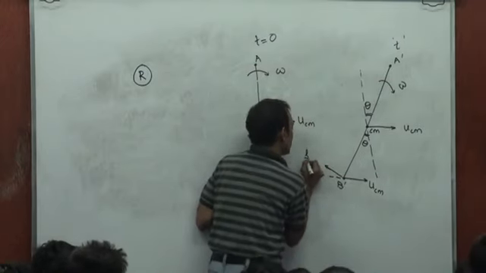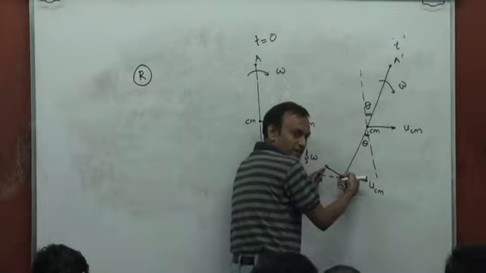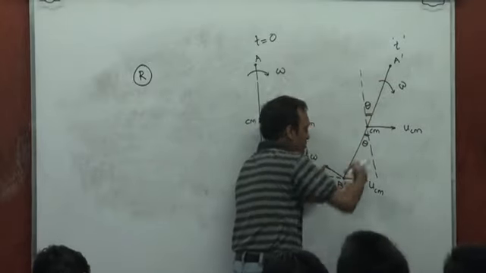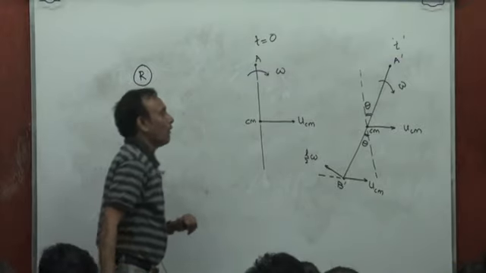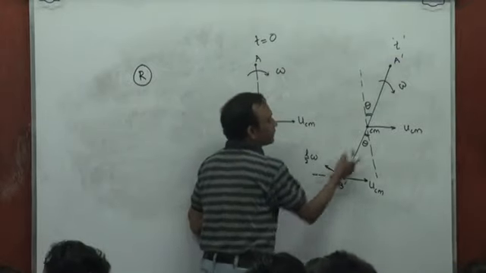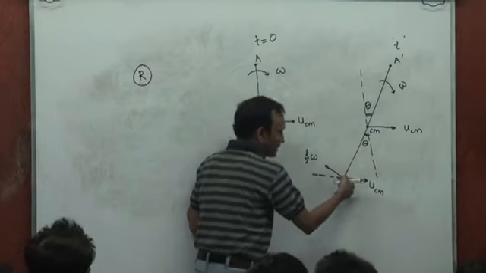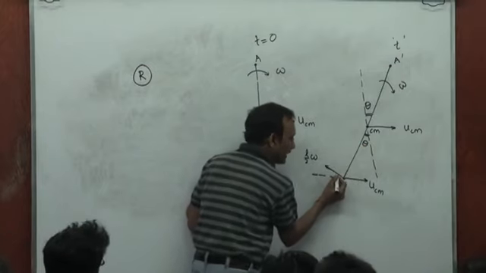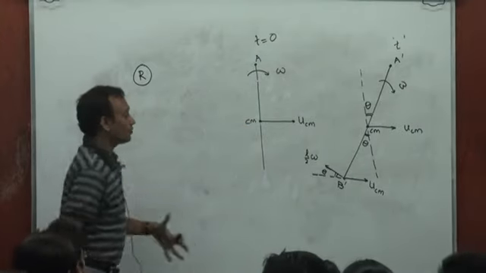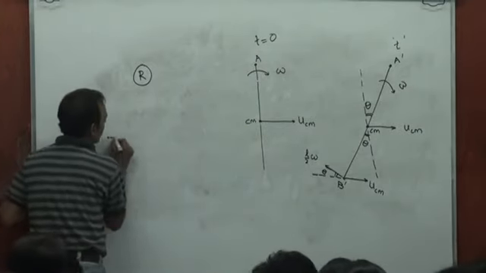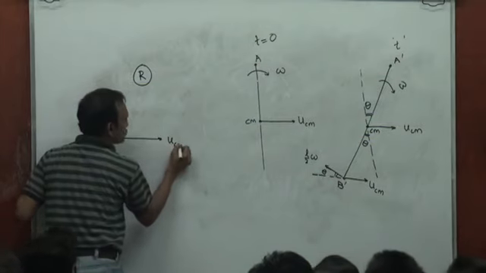This tangential velocity, because of pure rotation about the center of mass, is going to be L by 2 omega, yes or no? Very clearly, if this makes an angle theta with the vertical, a perpendicular to it would make an angle theta with the horizontal, right?